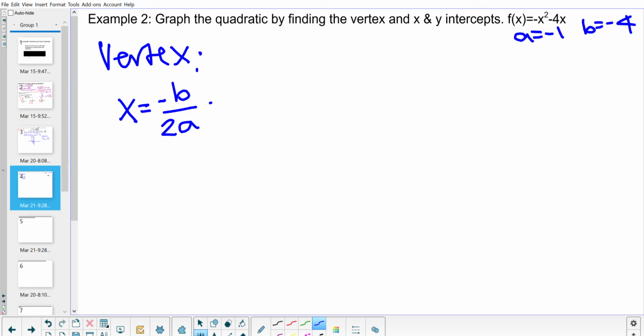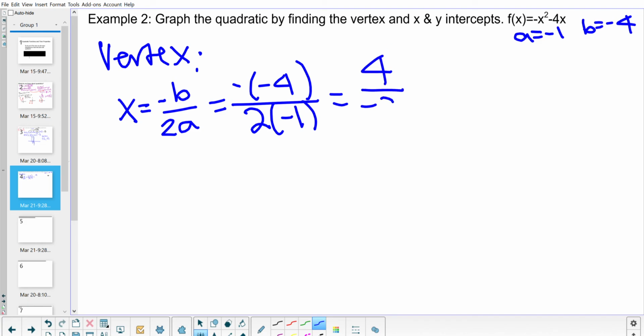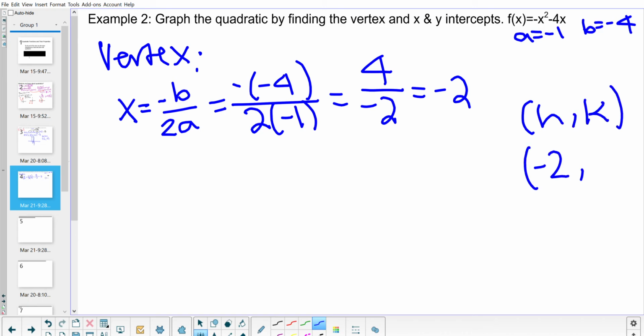Okay, so it would be negative 4 over 2 times negative 1, which would be 4 over negative 2, which would be negative 2. Okay, so that's your h. So in h comma k, we have the h, and it is negative 2.